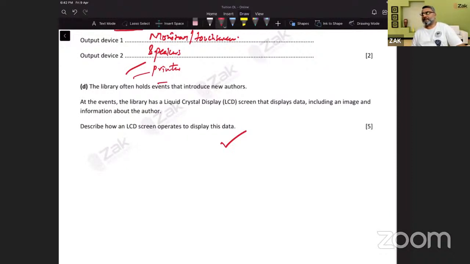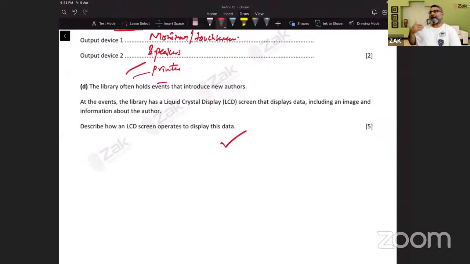Those pixels have 3 filters, 3 layers: red, blue, and green. Light shone through these layers finds its shade, which will then be shown using the pixel.